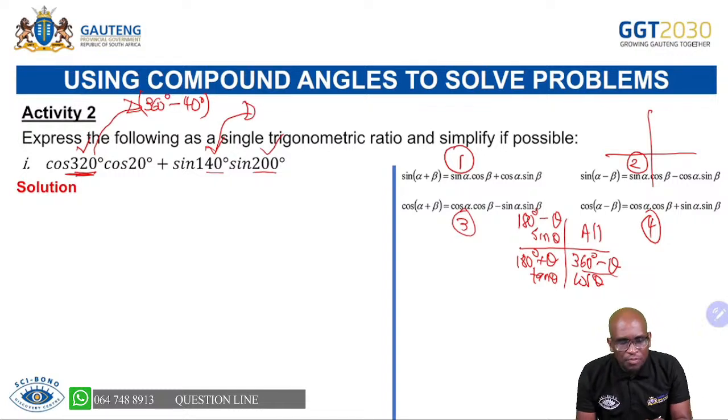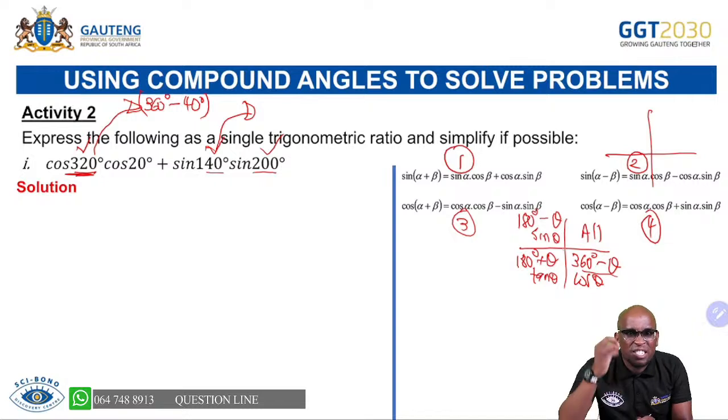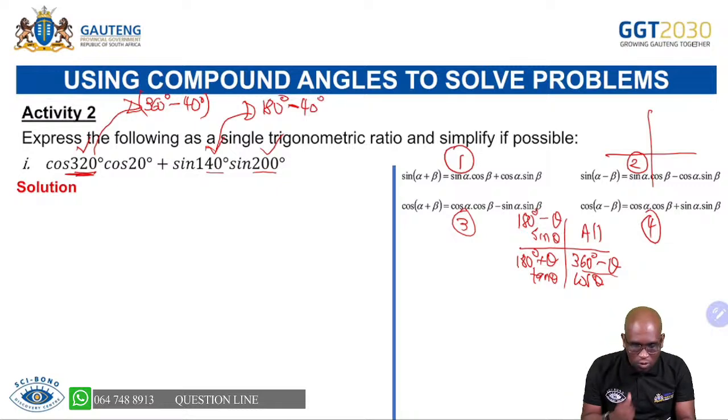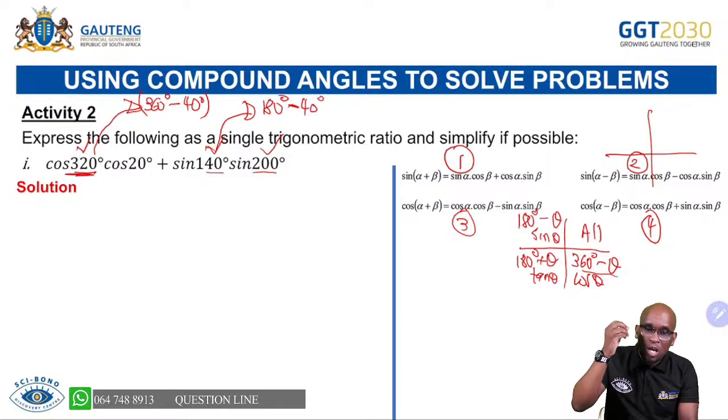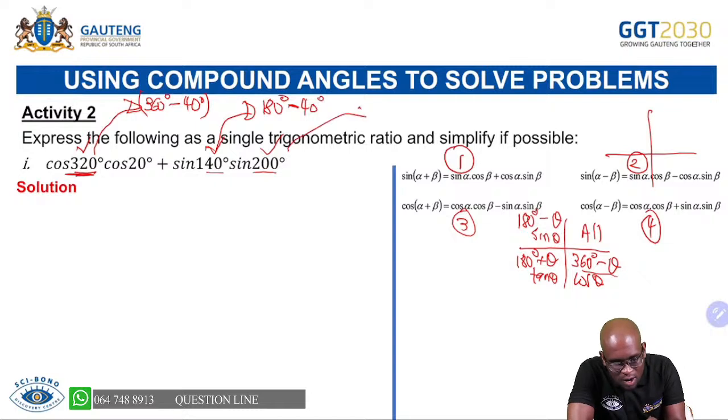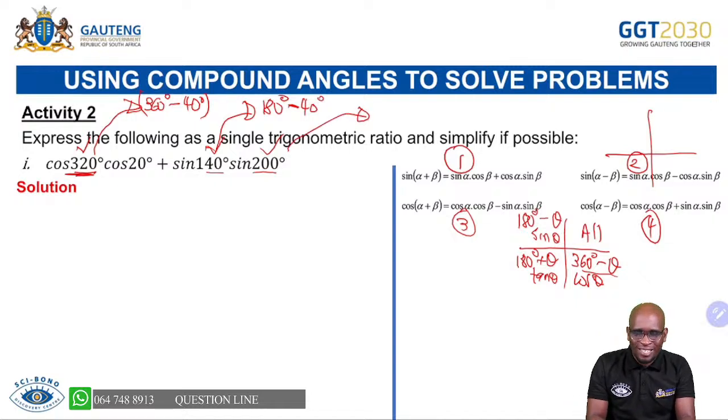Let's look at 140. 140 is in the second quadrant. It is obtuse. So in the second quadrant, we say 180 minus. What are we subtracting from 180 to get 140? We should be subtracting 40 degrees. So we'll write 140 as 180 minus 40 degrees. We have another one here, 200 degrees, which is in the third quadrant.